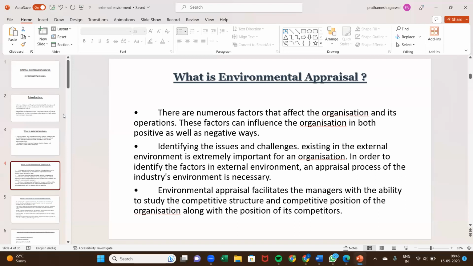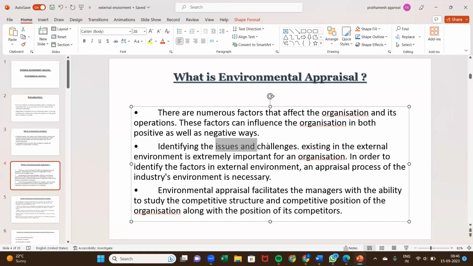First and foremost, you will identify the issues and challenges. Secondly, issues and challenges existing in the external environment are extremely important for the organization. You have to study this. But how will you identify this?